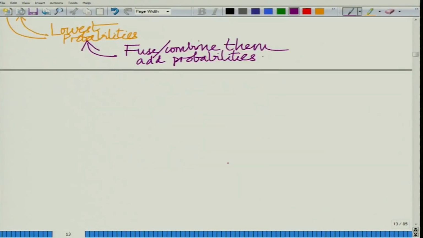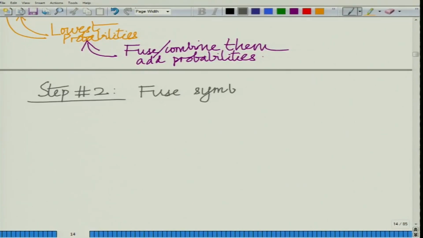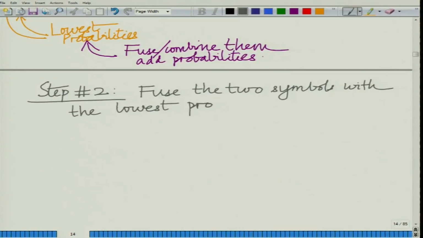So in step number 2, what we are doing is we take the two symbols with the lowest probabilities, fuse or combine them, and we add their probabilities.